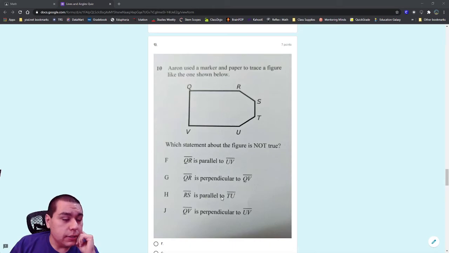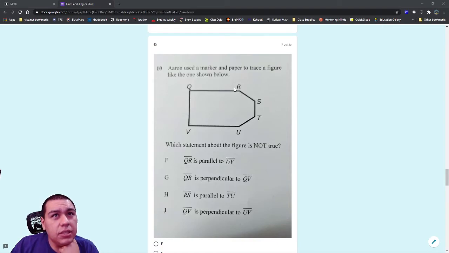Line RS is parallel to line TU. Here's RS, here's TU. We said parallel means they never ever touch. And I don't see line RS and line TU touching right now. But what's going to happen if I stretch those lines out?